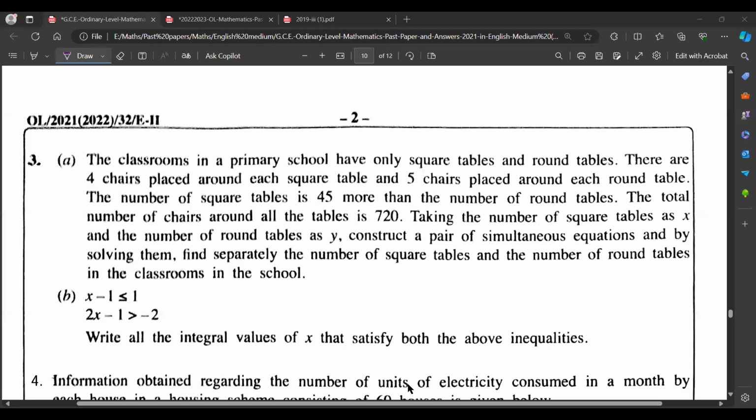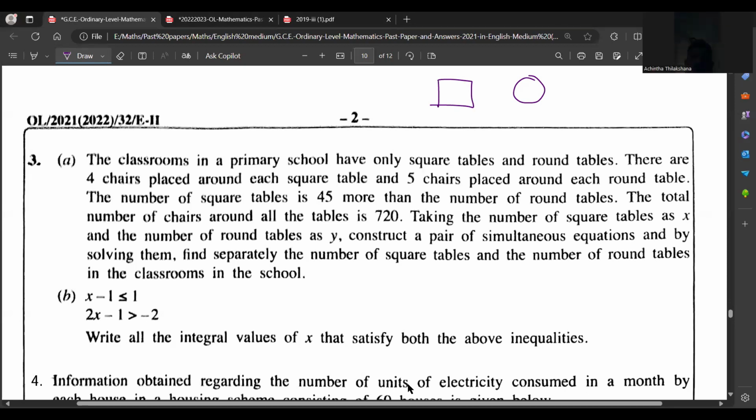They are asking: the classrooms in the primary school have only square tables and rounded tables. There are 4 chairs placed around each square table and 5 chairs placed around each rounded table.